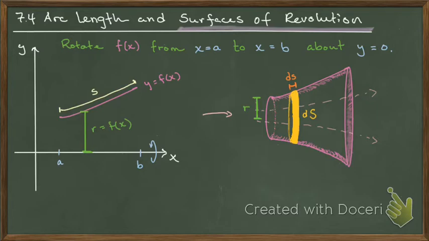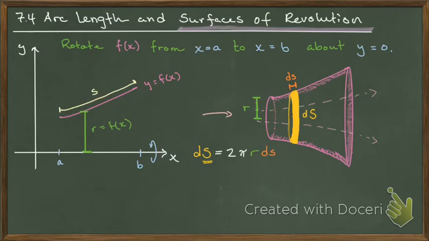And what we're going to do is integrate over all of those little chunks of area dS. So the integral of dS is going to give us the area of the whole surface. Let's find the area of dS. That's going to be 2 pi times the radius times that little section of arc length.